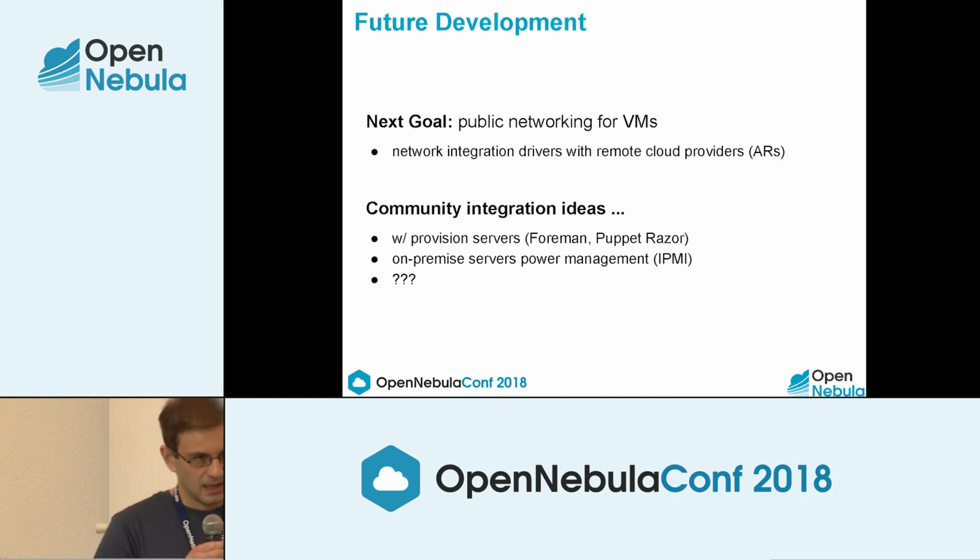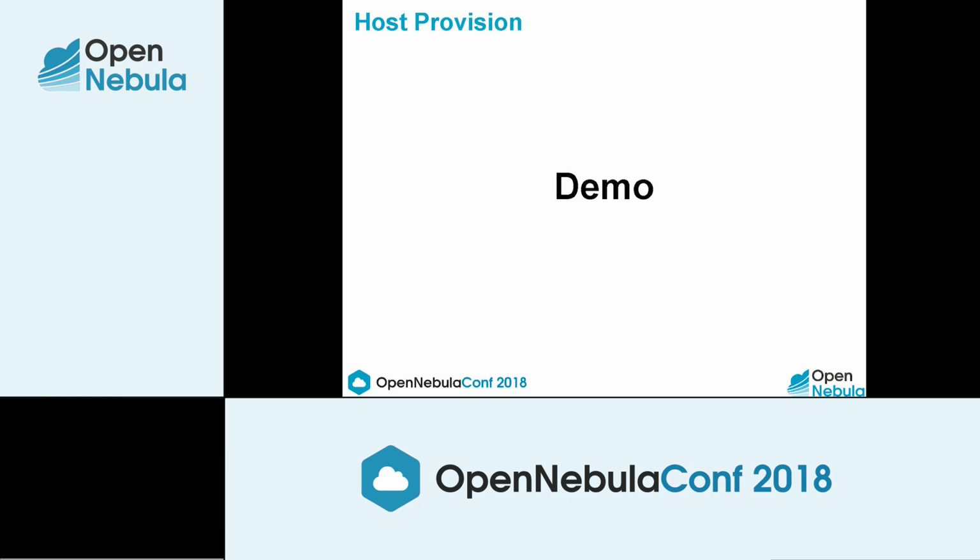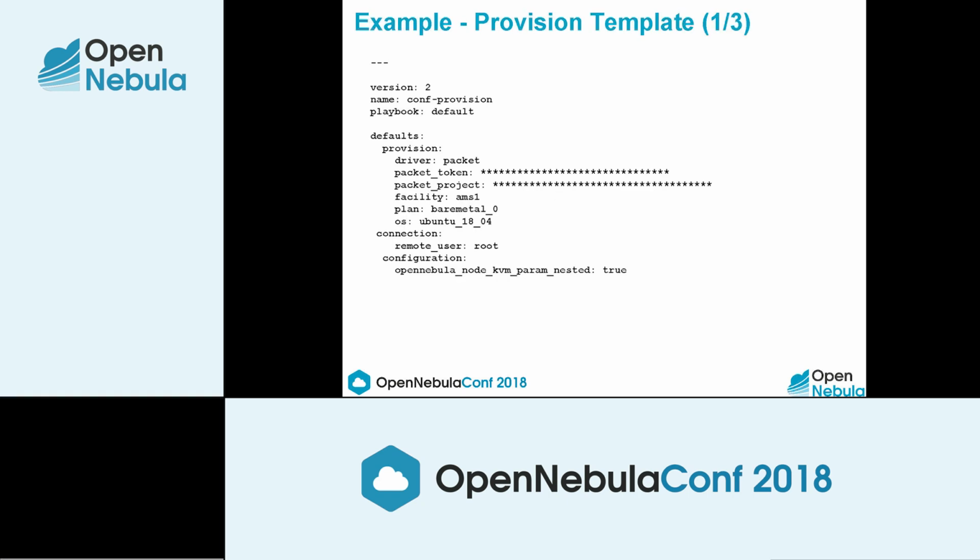And I will give a short demo. Basically, before the start of this day, I created a small provision. I can't use the microphone, so I will show it. Hopefully.